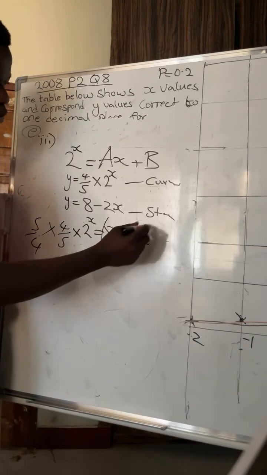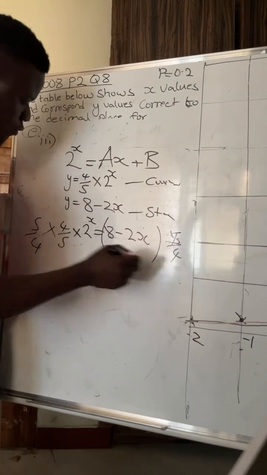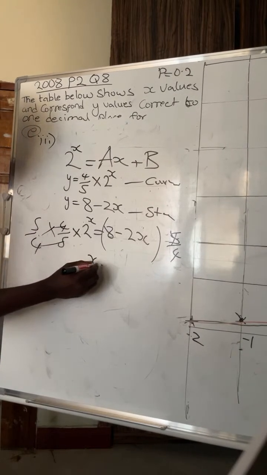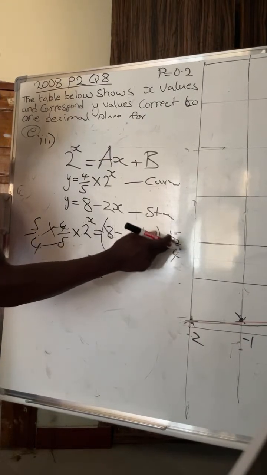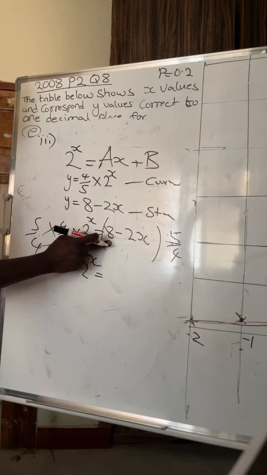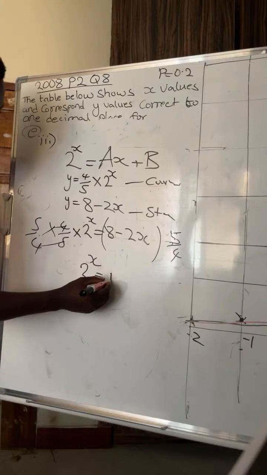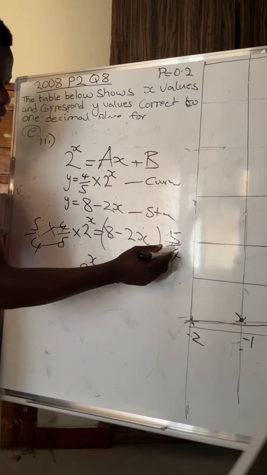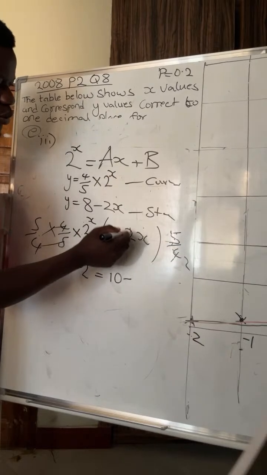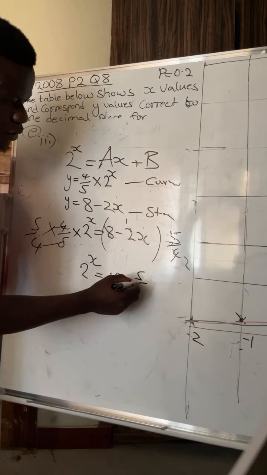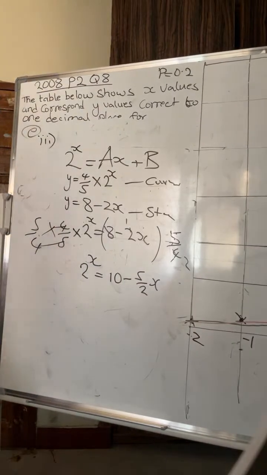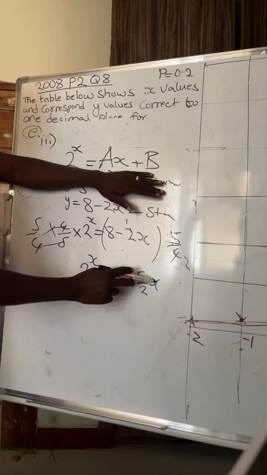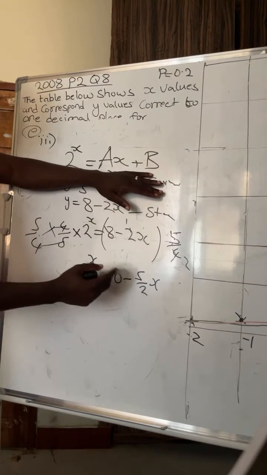We are just remaining with 2 to the power x equals 5 over 4 times 8, which is 10, minus 5 over 4 times 2x, which is 5 over 2 x.